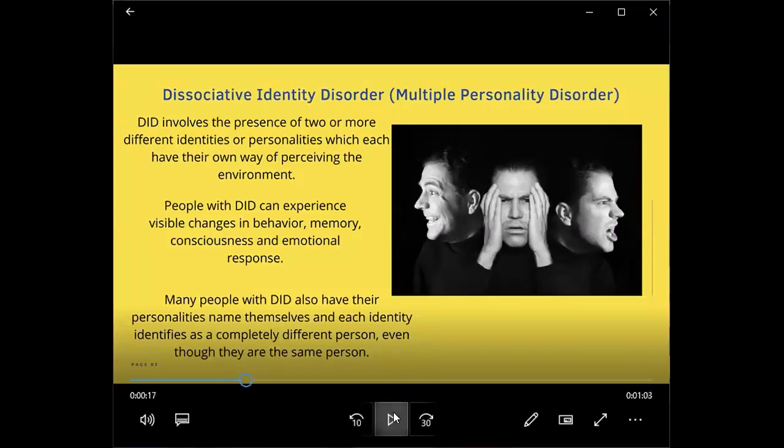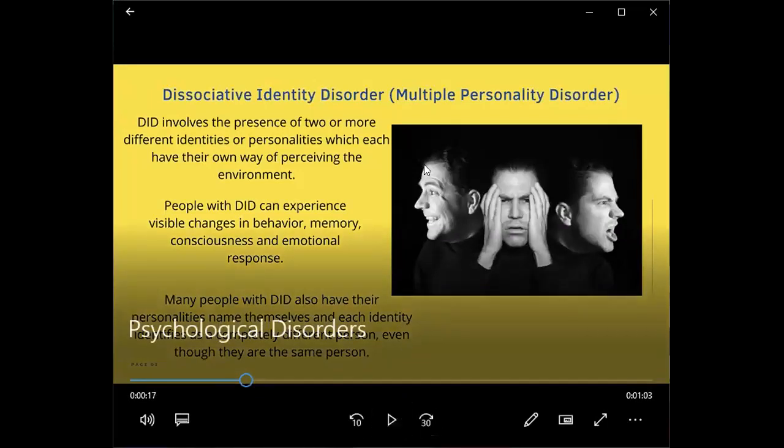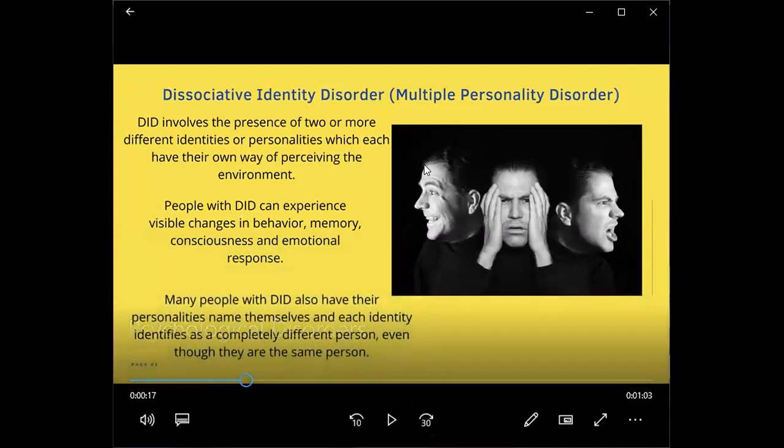All right, so we're just going to go right off the bat with the most prominent disorder, dissociative identity disorder, which is one of the most common, most seen in movies and magazines and articles and stuff like that. It's also known as DID, which involves the presence of two or more different identities or personalities, which each have their own way of perceiving the environment.